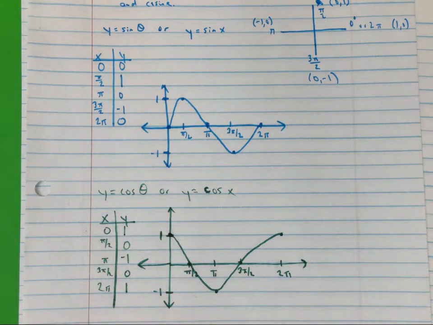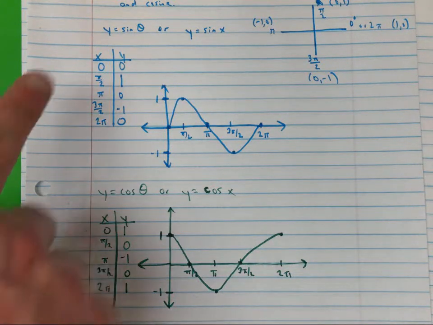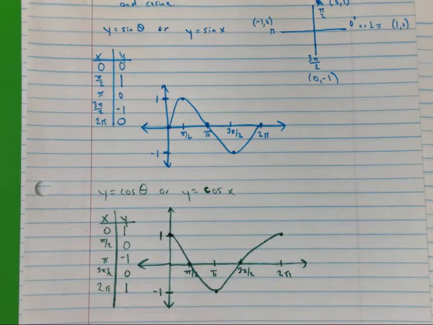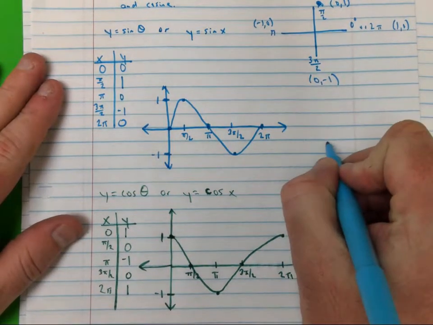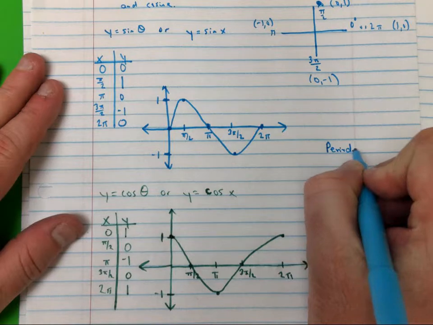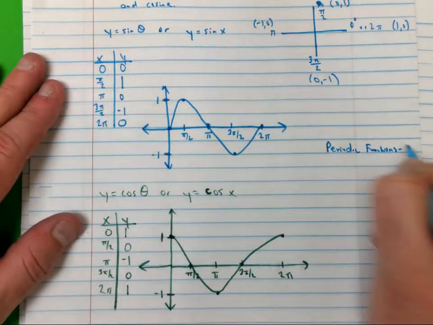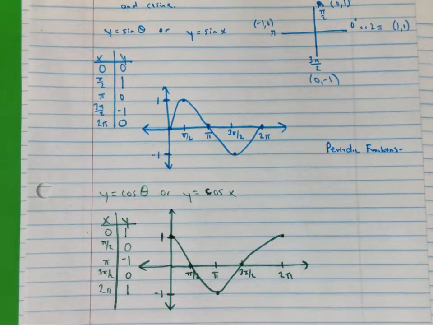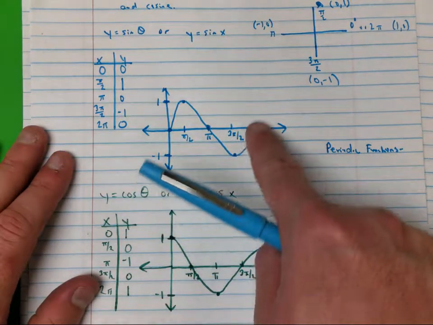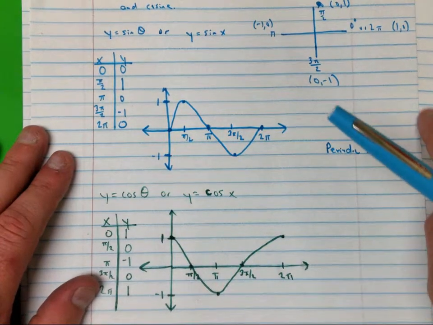Now, guys, we've got to go over some vocabulary that you need to know. This is the stuff that's on your quiz tomorrow. Both the sine and cosine graphs are known as periodic functions. I'm going to write that word down. Periodic functions. What are periodic functions? The sine and cosine graphs keep going and going and going.